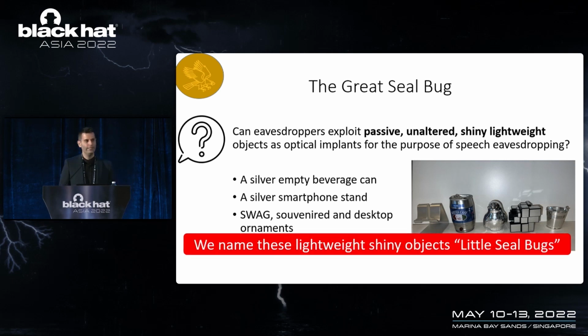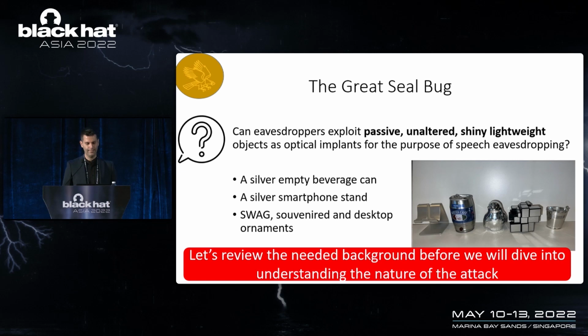Throughout this talk, we name this type of objects little seal bugs. Let's review the needed background before we dive into understanding the nature of the attack. For doing so, I will let us continue from here.